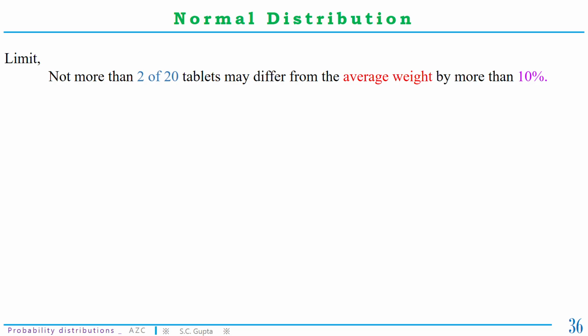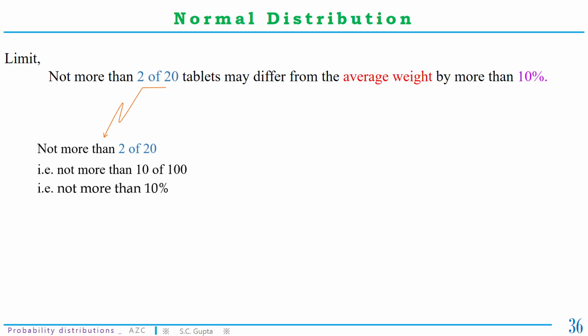Let's see the first limit. Not more than 2 of 20 tablets may differ from the average weight by more than 10%. Not more than 2 of 20 means not more than 10 of 100, that means the limit is not more than 10%.